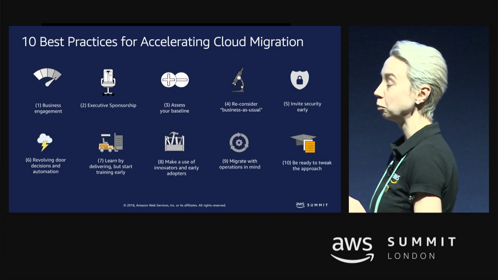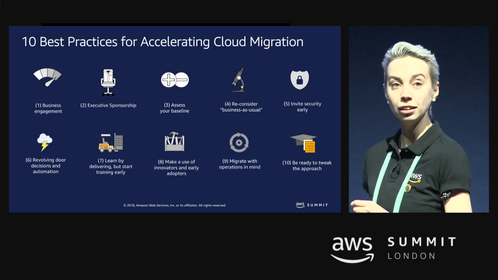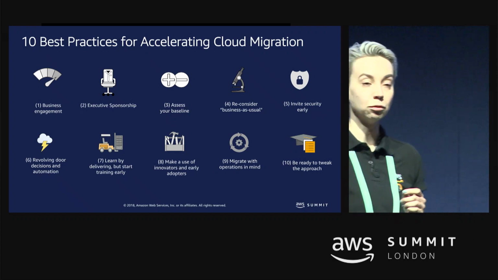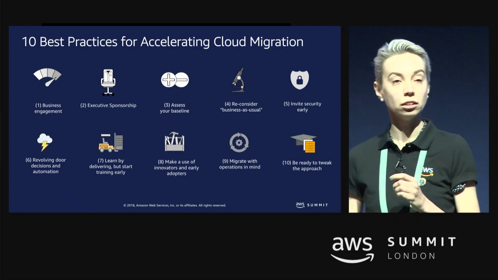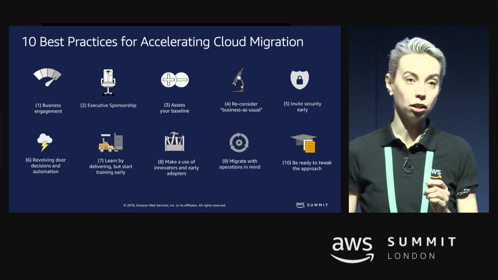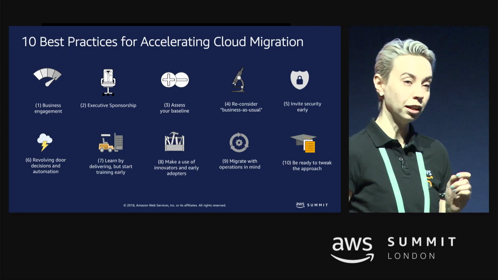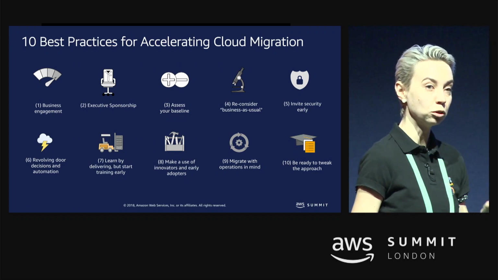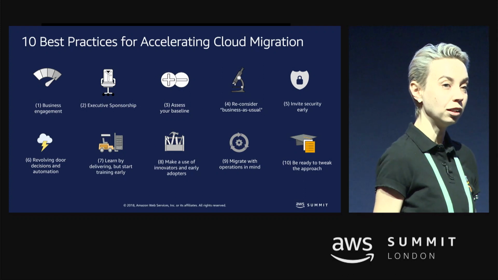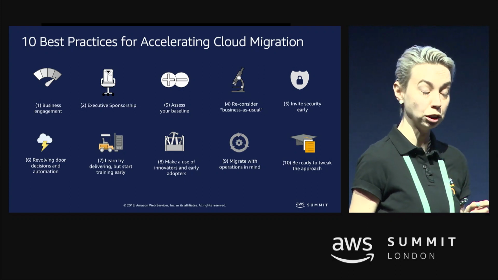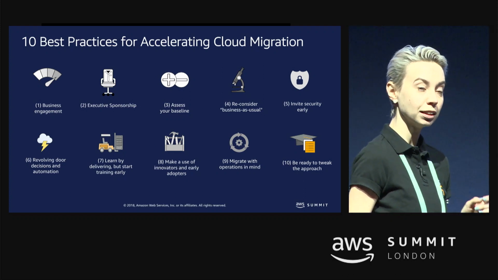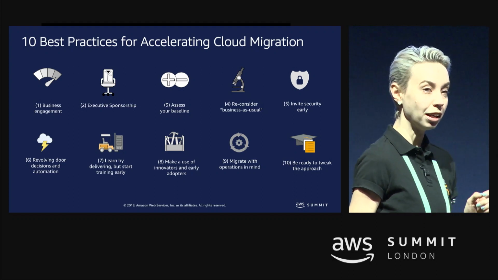And we started with business engagement and understanding your real goals for your migration. Then we talked about executive support and crossing that chasm for you to be able to move quickly and to decrease the size of the migration bubble. Then we discussed baselining your current state.